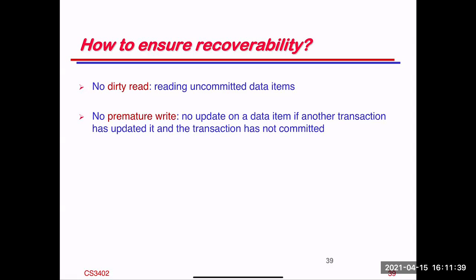That means if another transaction has updated an item and that transaction has not yet committed, then you also shouldn't be allowed to update the same item. That's what a premature write is, so you also want to avoid these.